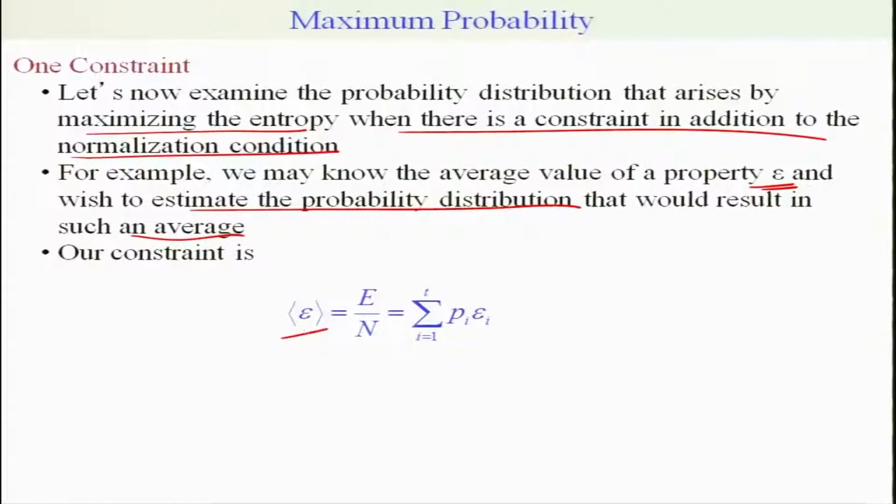So you have to optimize the entropy, but now the delta E is given to you, and we have to find out the probability which would lead to such a condition where the delta E would be the final value of the average energy. So what is the delta E, the average value of E? It is E by n, and that can be written as simply the weighted average, or the first moment, of the probability distribution, which is summation Pi epsilon I, because we are assuming that Pi is normalized.